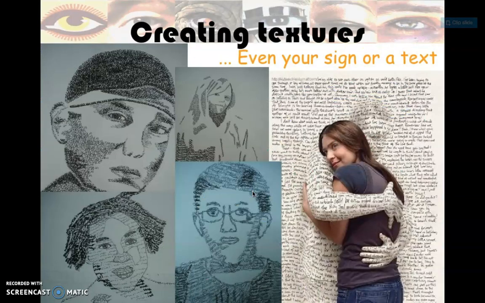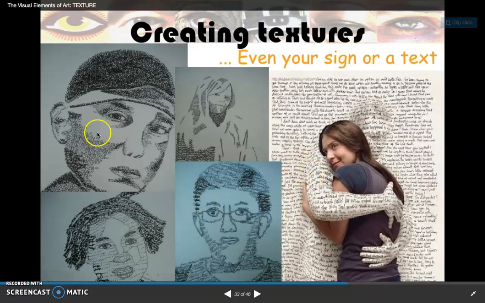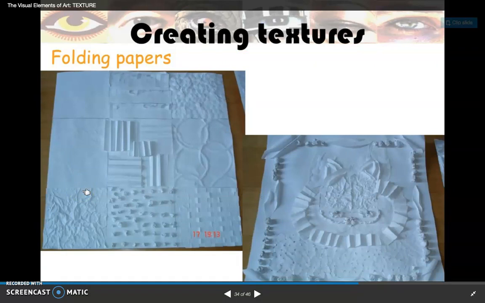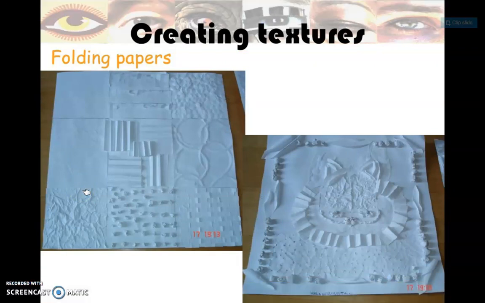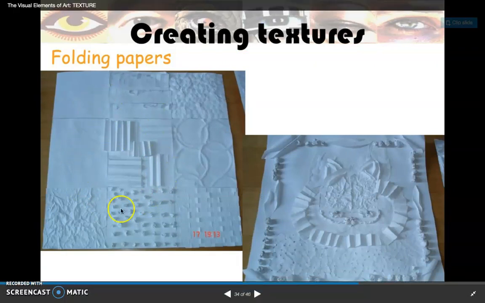So you're going to choose one. You could do texture by doing text. Look how cool. How about if you were to grab paper and do folding paper?